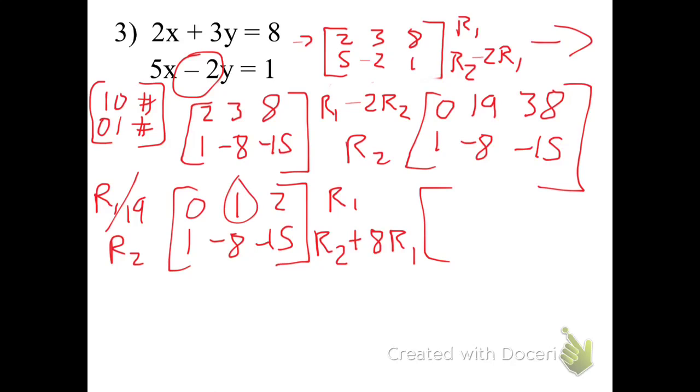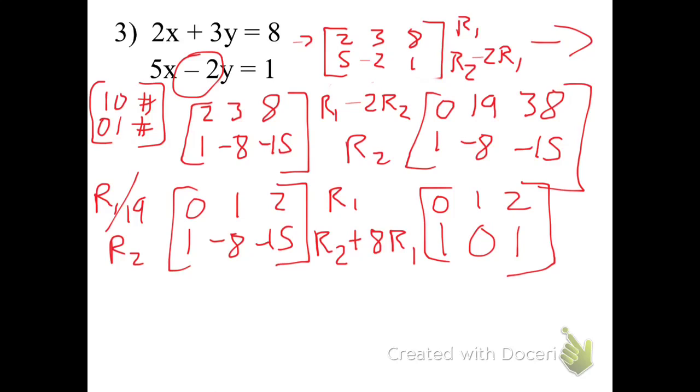Because if you take this 1 times by 8, and you add it to this -8, you get 0, which is what we're looking for. The first row is 0, 1, 2. And then the second row, you times 0 by 8 and add it to 1, you just get 1. Take 1, times it by 8, add it to -8, you get 0. Take 2, times it by 8, add it to -15, you're going to get 1.